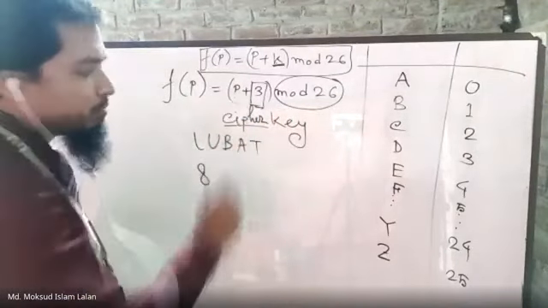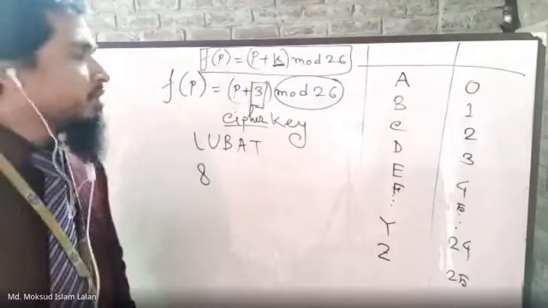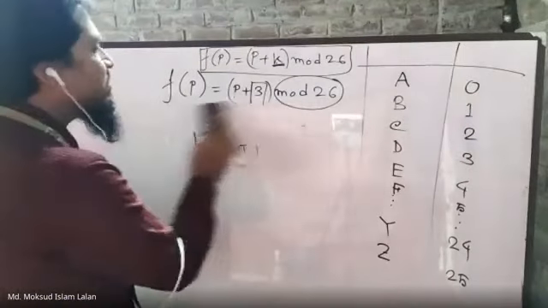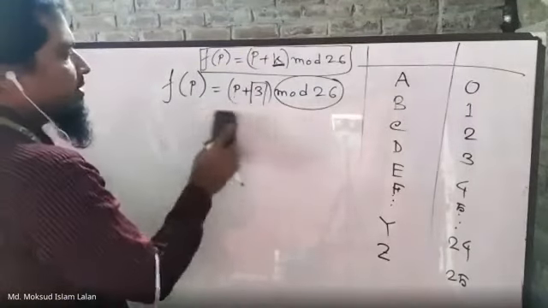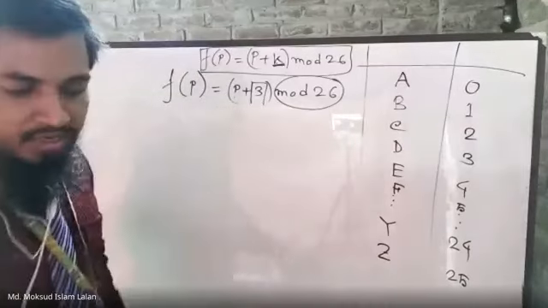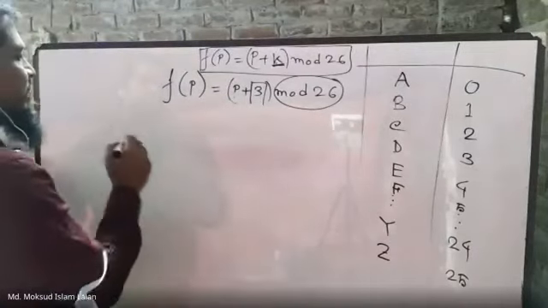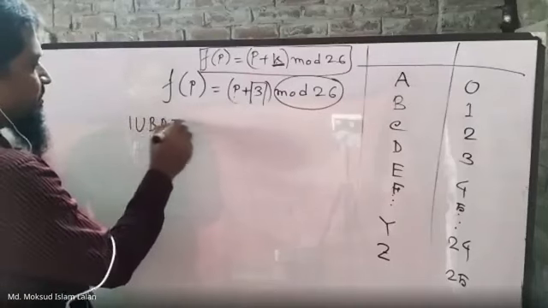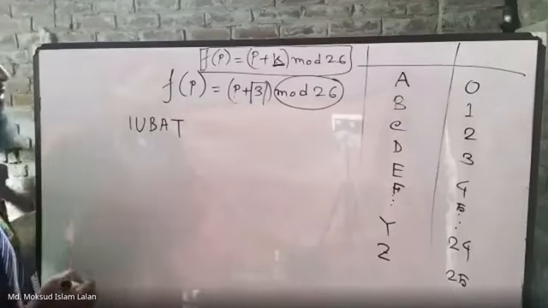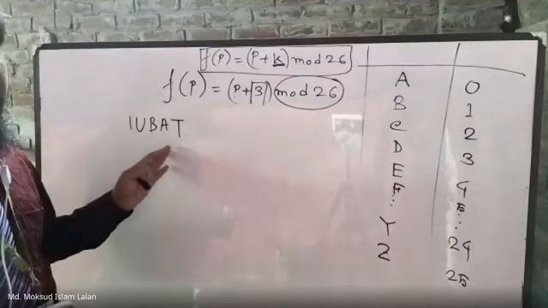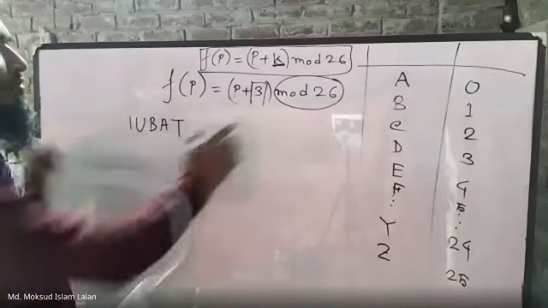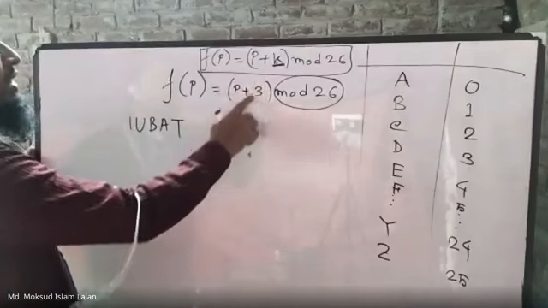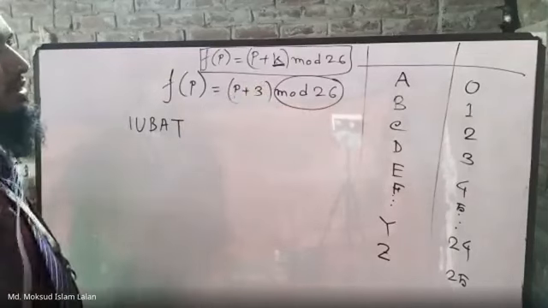Now coming to the point here, students, how can you evaluate this value? What is the meaning? For example, if I write IUBAT, we want to encrypt this message, considering key 3.